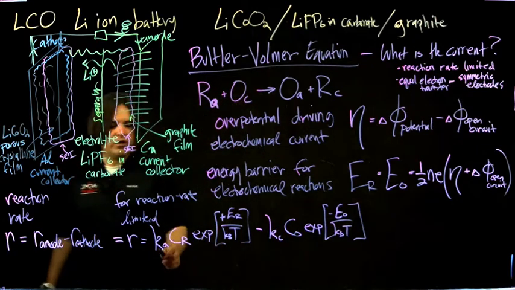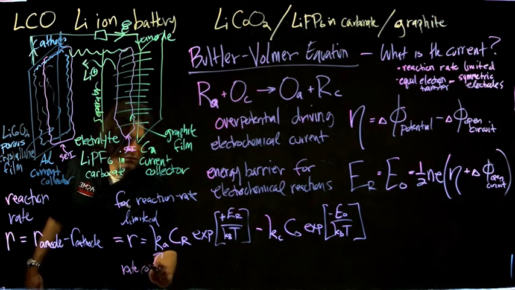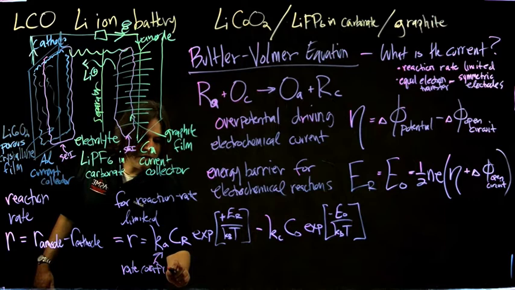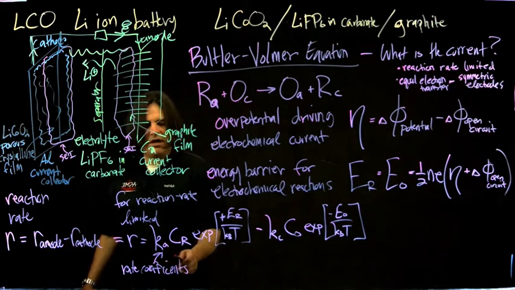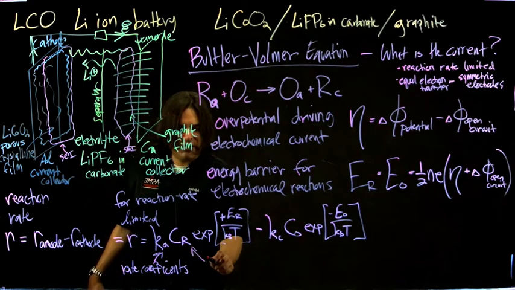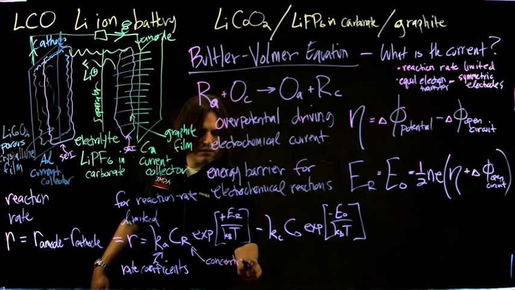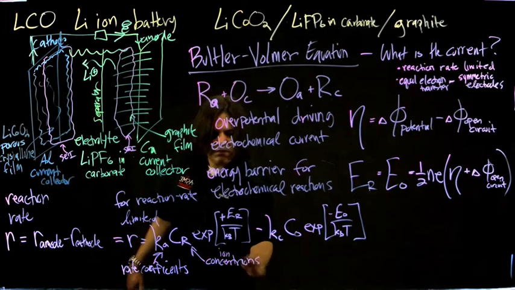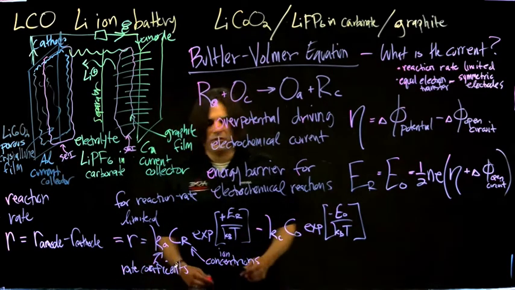So these are some rate coefficient. There are both theoretical ways to find this rate coefficient and experimental ways to find this rate coefficient. The concentration of the anodes, the ion concentrations. That's Boltzmann's constant. This is temperature, and this is this energy barrier we're talking about.